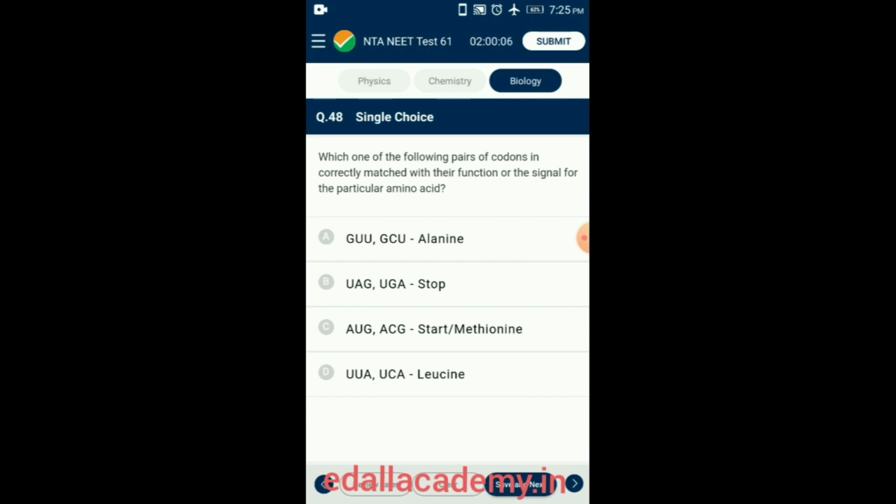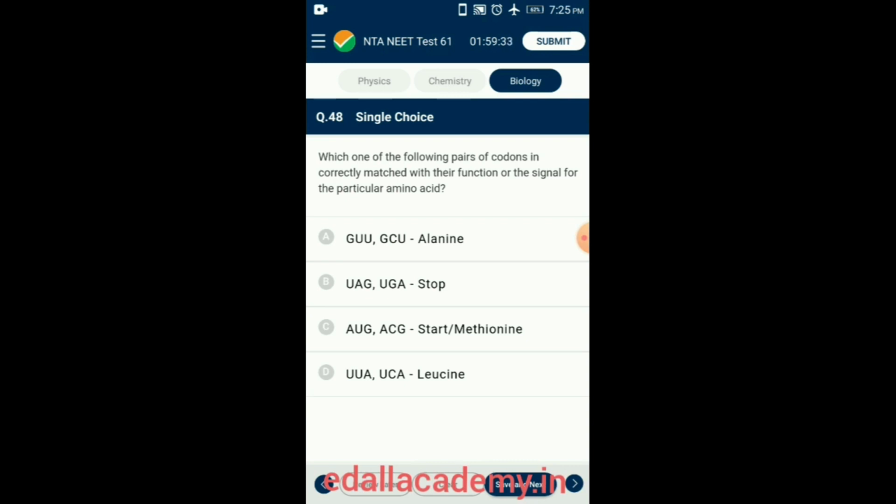Then the next question is question number 48. Which one of the following pairs of codons incorrectly matches with its function or the signal for the particular amino acid? GCU indicates alanine but GUU indicates valine. Stop codons are UAG, UGA and UAA.